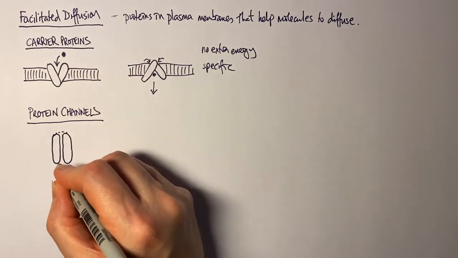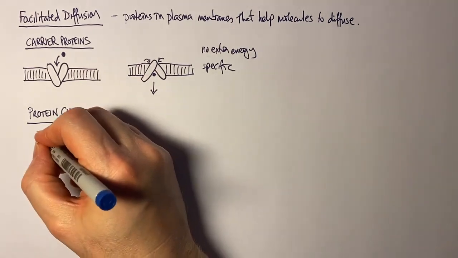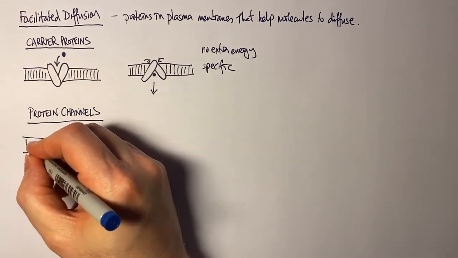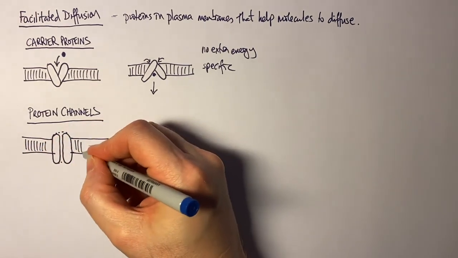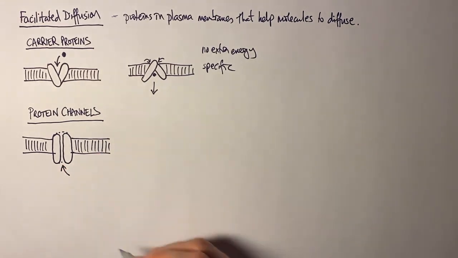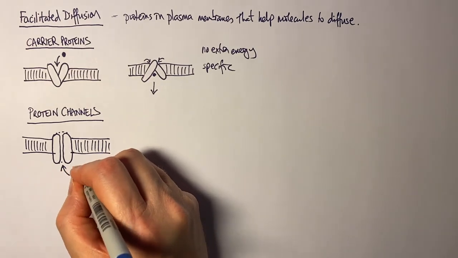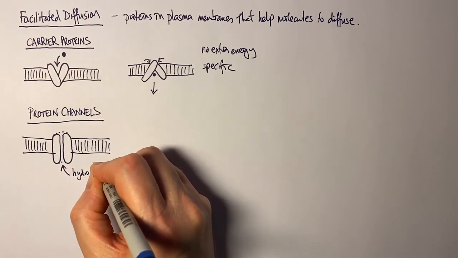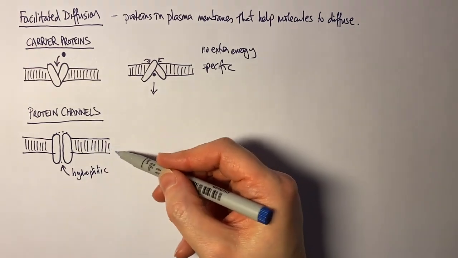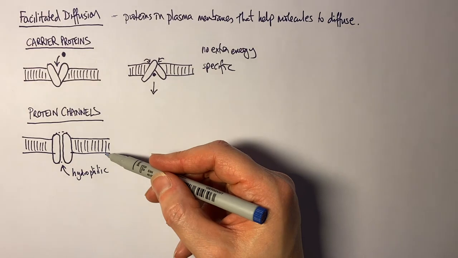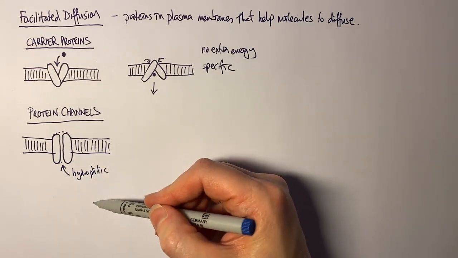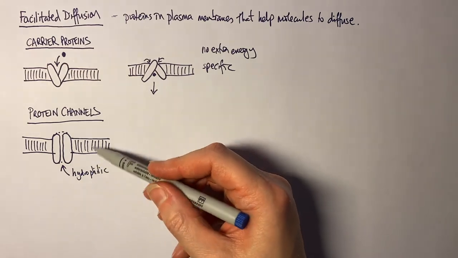So if you imagine that's a protein that's spanning that membrane, there's our phospholipid bilayer. It has got a channel, and that channel is usually hydrophilic. Remember, the middle of membranes are hydrophobic. They've got those fatty acid tails there, and that's going to stop water-soluble, hydrophilic substances passing through.